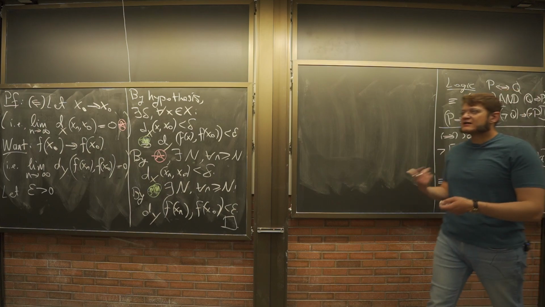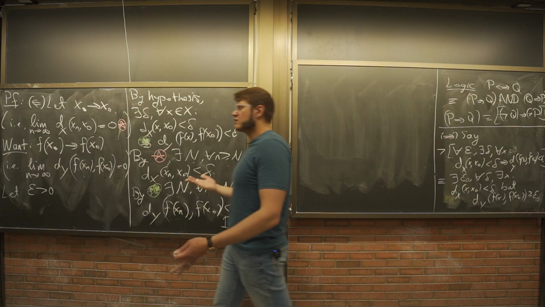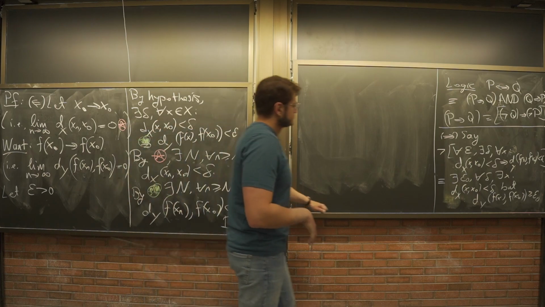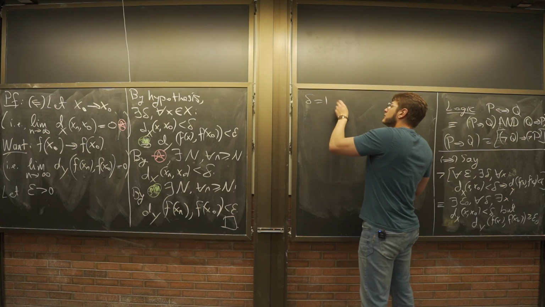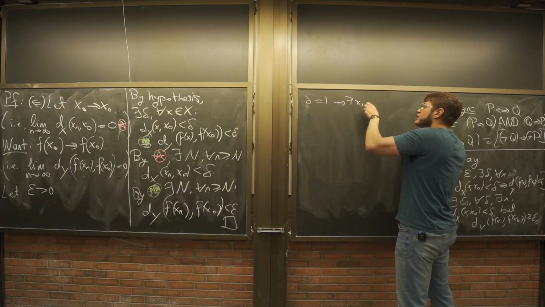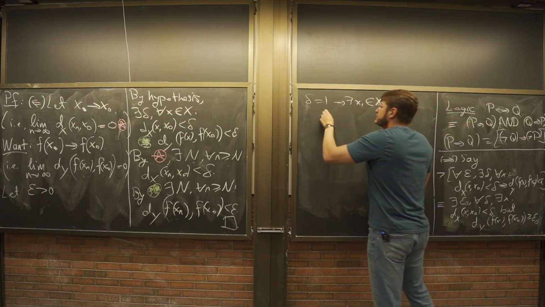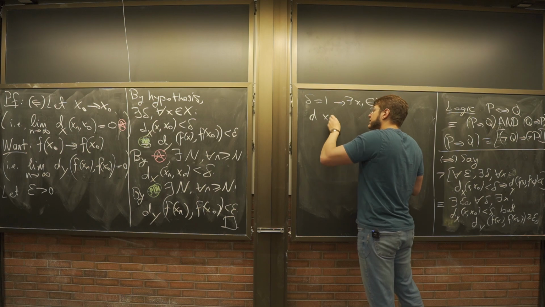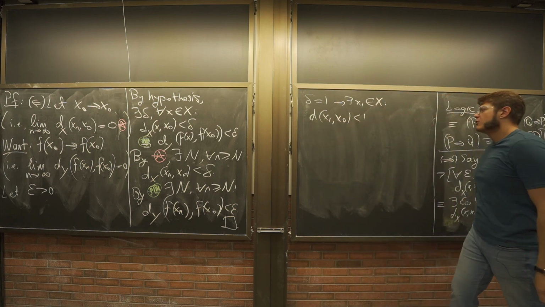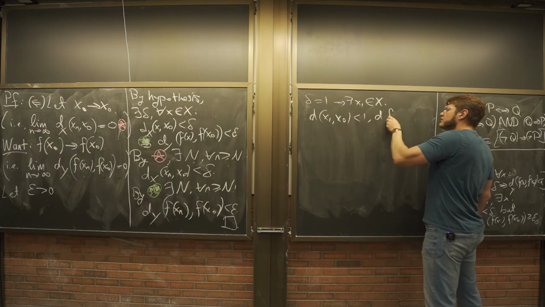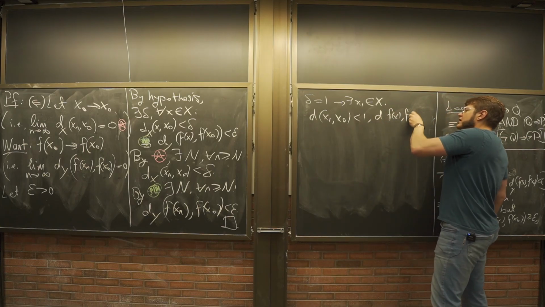For instance, I can take delta to be 1, 1 over 2, 1 over 3, whatever. There is an x1 in X such that d of x1, x0 is bounded by 1, but d of f of x1 and f of x0 is at least epsilon 0.